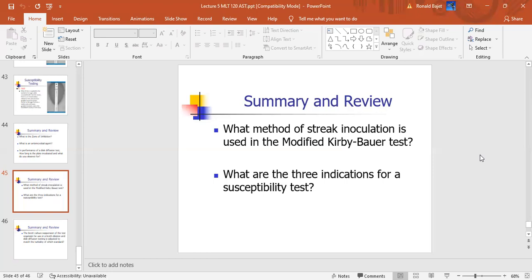Gram-positive cocci. That's it. So Micrococcus is gram-positive cocci, but it's in tetrads. All the others, the staph species, are in clusters. Staph species are clusters.